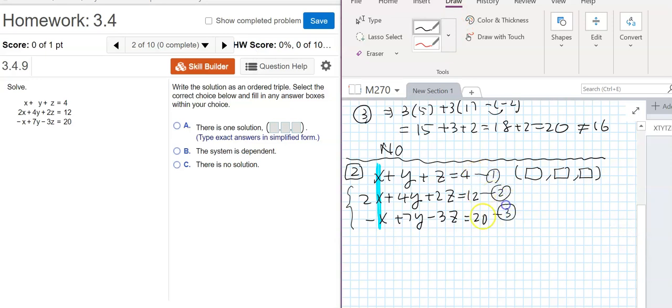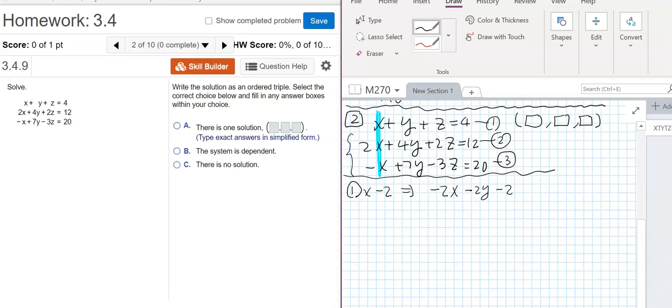Now, to eliminate this x, I'm going to do number 1 times -2. That way I get -2x - 2y - 2z = -8. And then I just write equation number 2 underneath: 2x + 4y + 2z = 12.